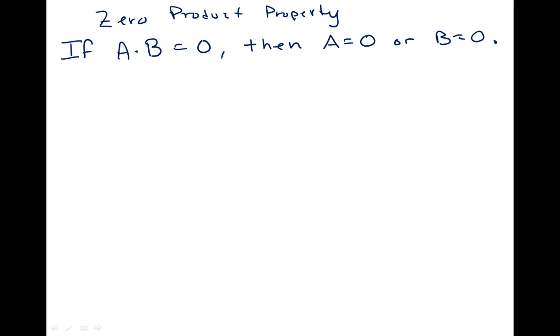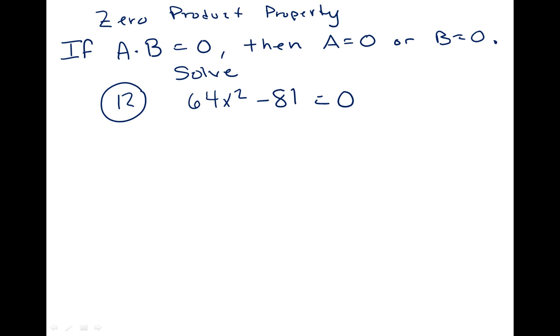So let's just say I give you this problem here, and this is number 12. I give you 64x squared minus 81 equals 0, and I tell you to solve this by factoring. So the first thing you're going to do is factor it.